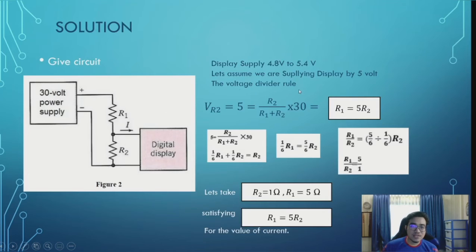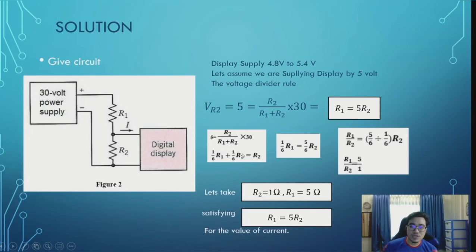I use the voltage divider rule. The formula is VR2 = 5 = R2 divided by (R1 + R2) multiplied by 13, or R1 = 5 R2.